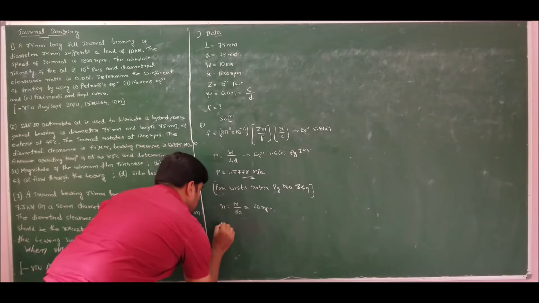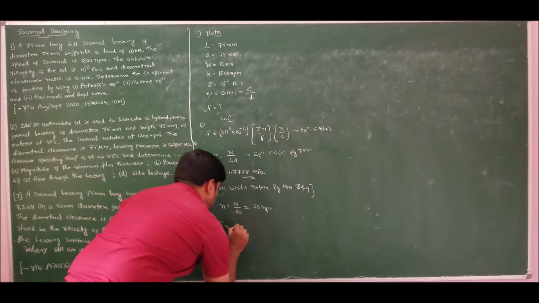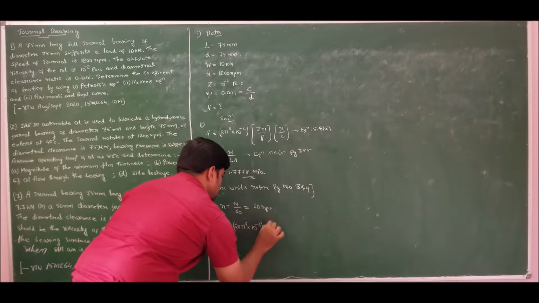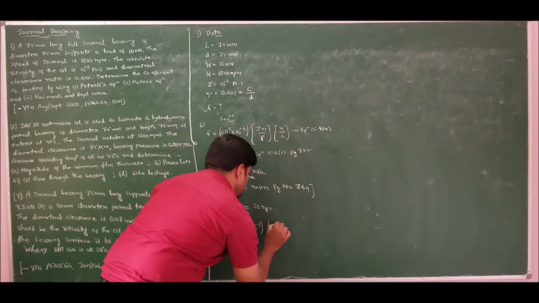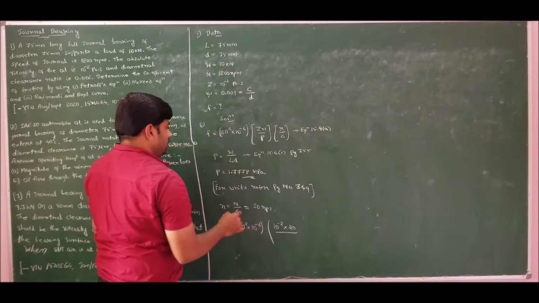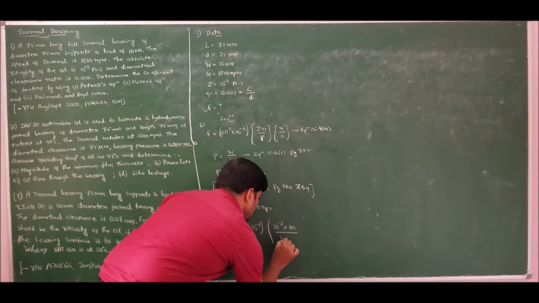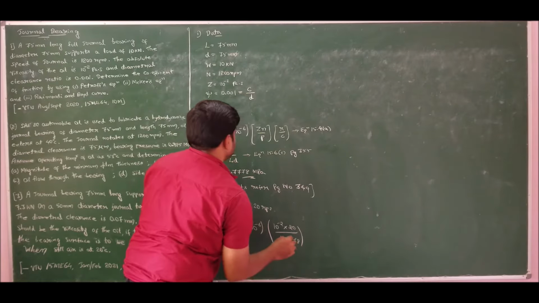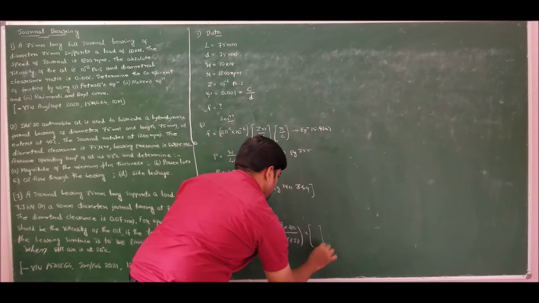We know all the values. If I substitute, I will get the coefficient of friction from Petrov's equation as 2 into pi square into 10 to the power of minus 6 into Z, which is 10 to the power of minus 2, into small n, which is 20, divided by P, which should be in megapascals, 1.7778, into R by c.